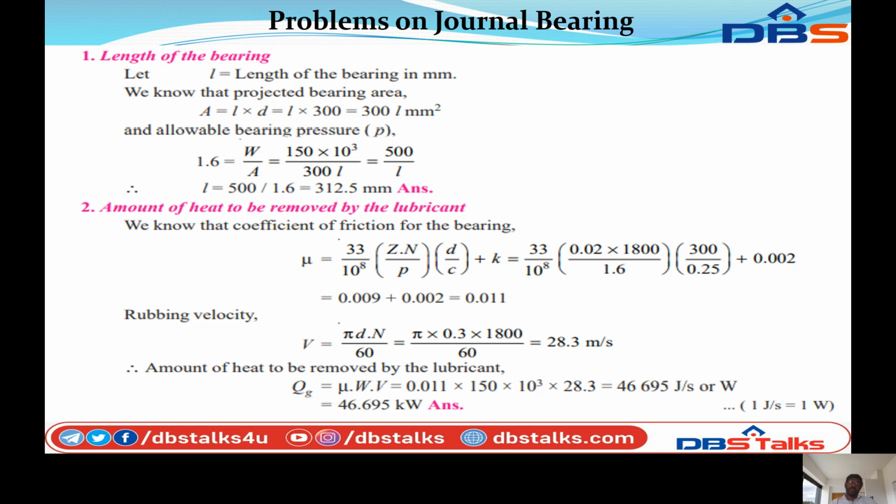Finally, mu is equal to 0.009 plus 0.002, which is 0.011.